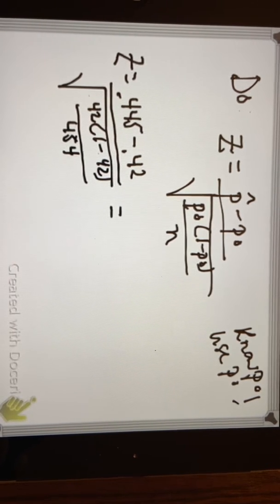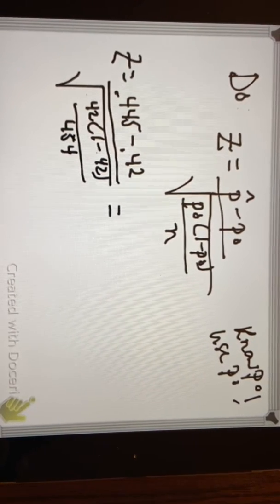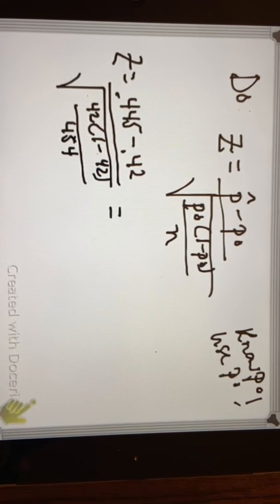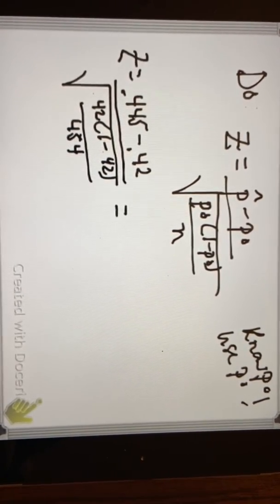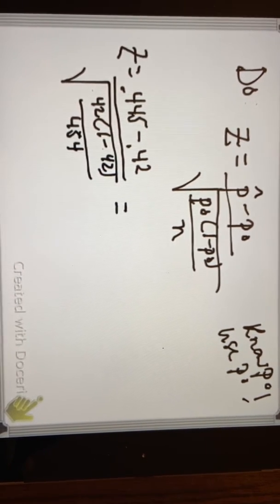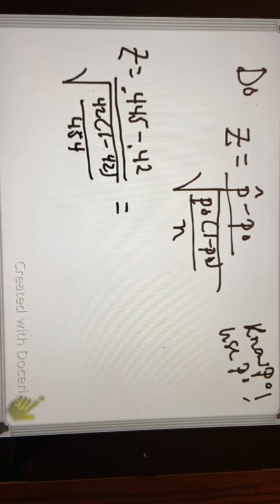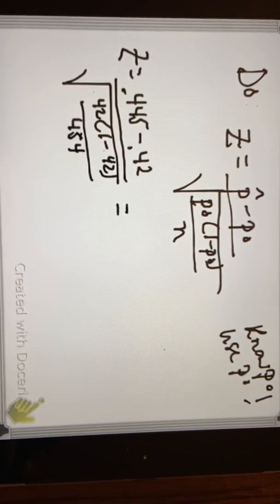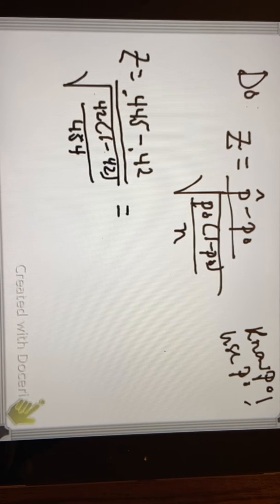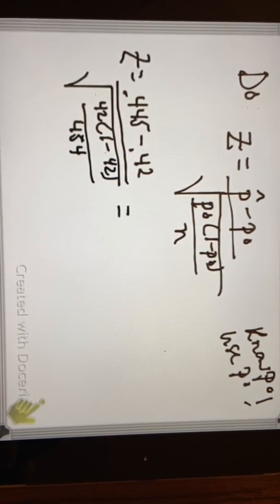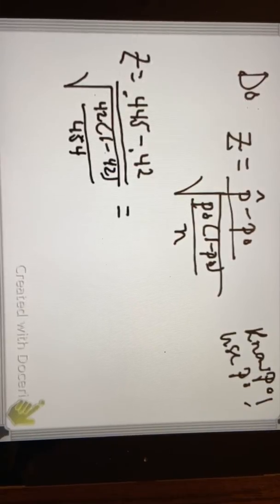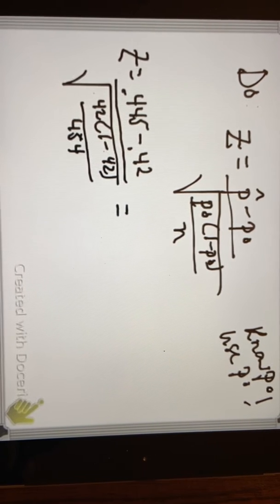Now, I am using my calculator, and I'm going into the calculator menu, and I'm going to enter in everything that's included. So I think the first thing I need to set and do is when I run my test, I'm going to choose under Stat, go to Tests, go to One Prop Z Test, and I'm going to enter in P naught, which would be 0.42, and then X stands for how many successes, if you will.